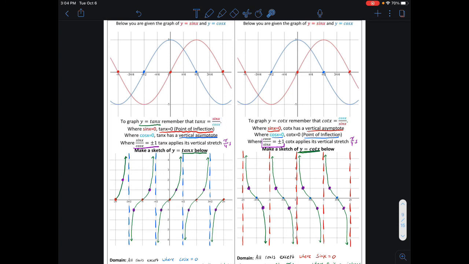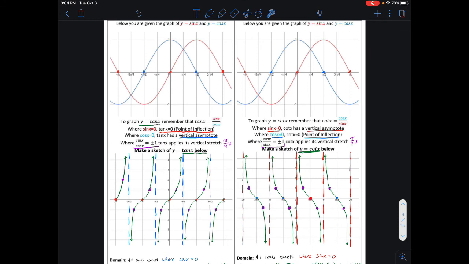Everywhere that cosine equals 0, so everywhere that the top equals 0, cotangent is going to equal 0. So where sine equals 0, cotangent is undefined. Where cosine equals 0, cotangent equals 0. So cosine equals 0 at negative pi over 2, positive pi over 2, 3 pi over 2, and so forth.